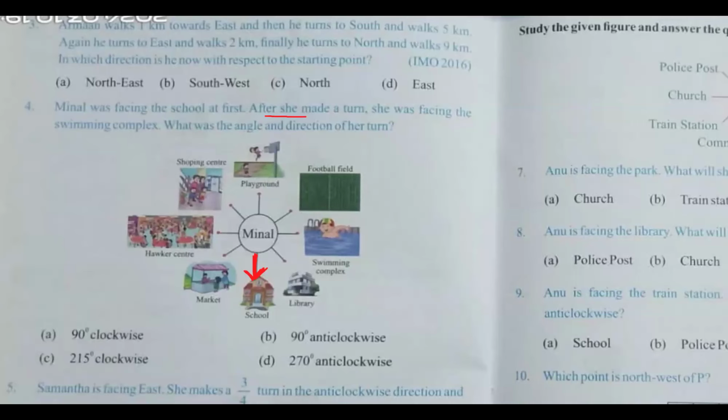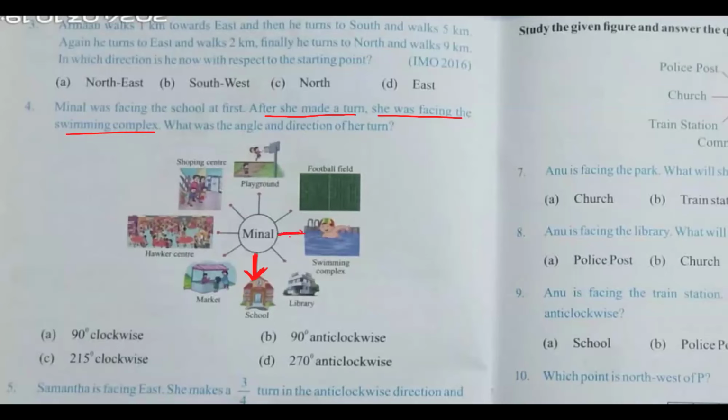After she made a turn, she was facing the swimming complex. So they're saying that she took a turn. Now that turn can be in the clockwise direction also and in the anti-clockwise direction also. They have not stated towards which direction she moved. It's just given that when she took a turn, she was finally facing the swimming complex. Where is the swimming complex?